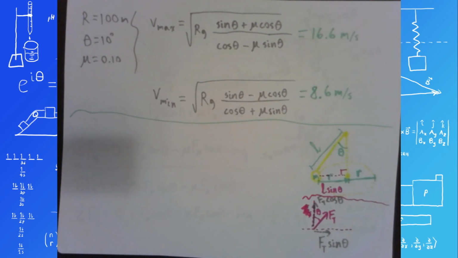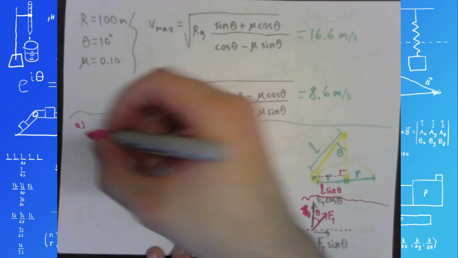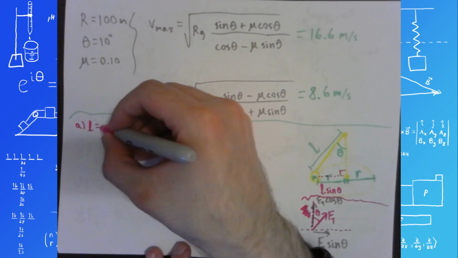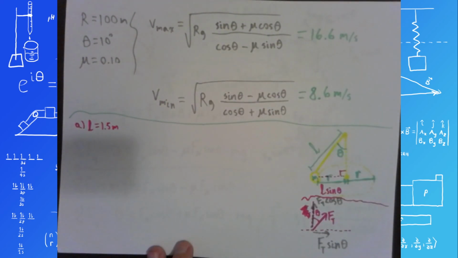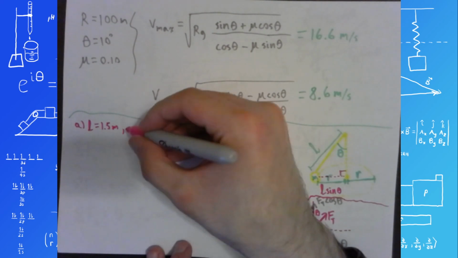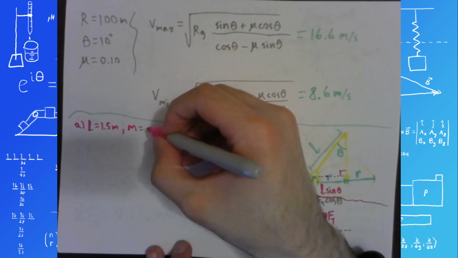So let me see what we were told again. So for part A, we are given the length of the string is 1.5 meters, and the mass is 0.5 kilograms.